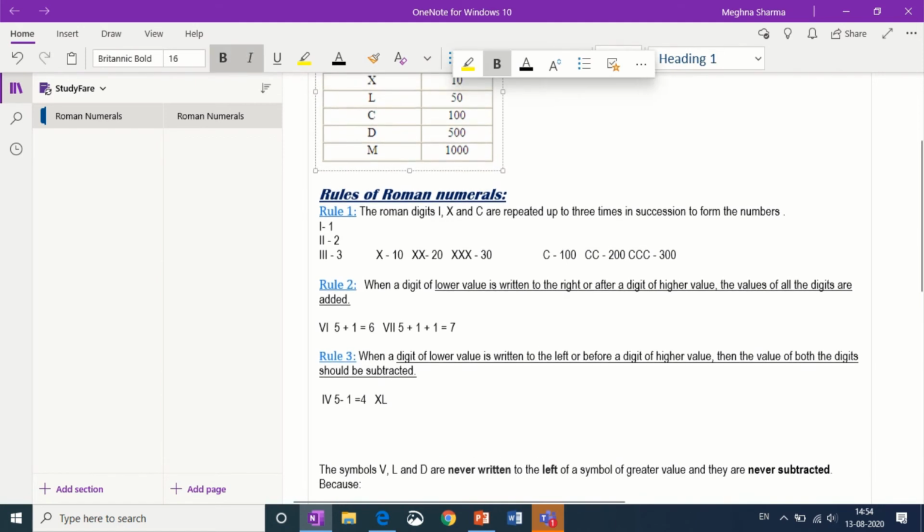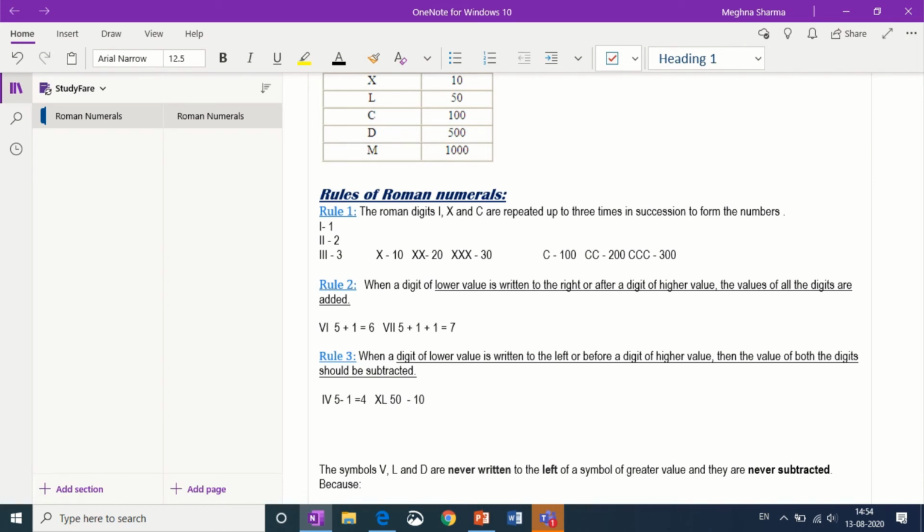So now here this X or 10 is smaller than 50. In this case we have to subtract both of them. Now let us subtract them. You get 50 minus 10, which is equal to 40. Did we get the answer?